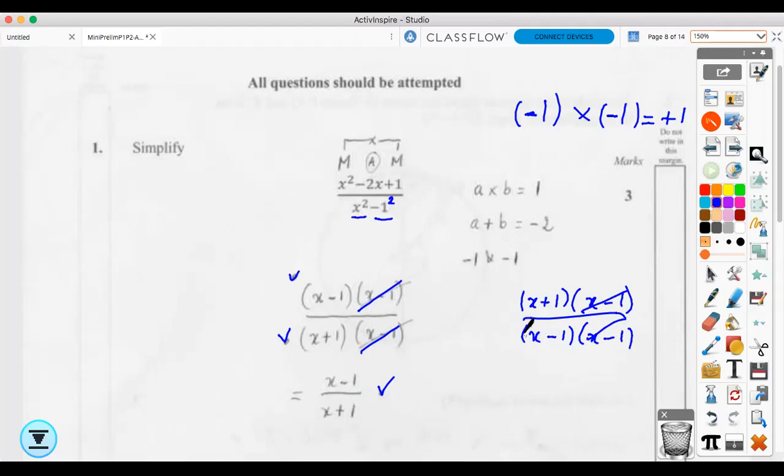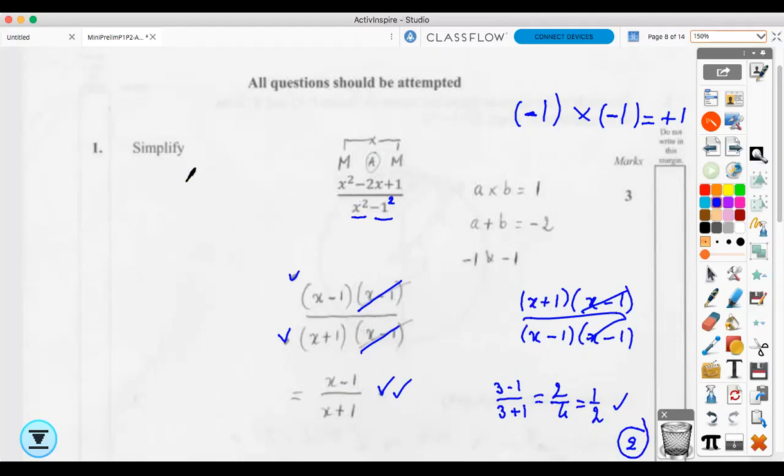So how do I make sure, when I get my answer, I can just replace x with a number, for example? So if you do x equals 3, 3 minus 1 divided by 3 plus 1 is 2 over 4, which is a half, right? So your answer, you've said to me, is a half. Whereas if you had flipped it, you would have got 2 as an answer. So if this 3 works for this, you've just simplified this.